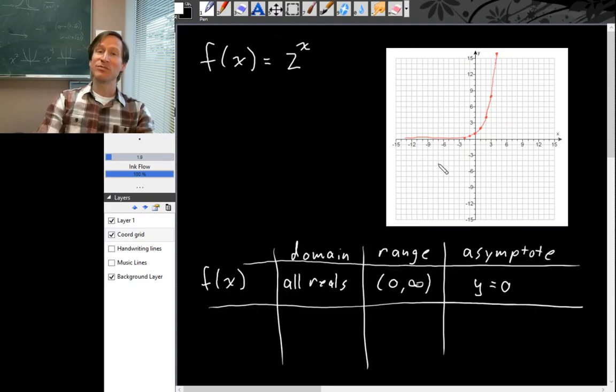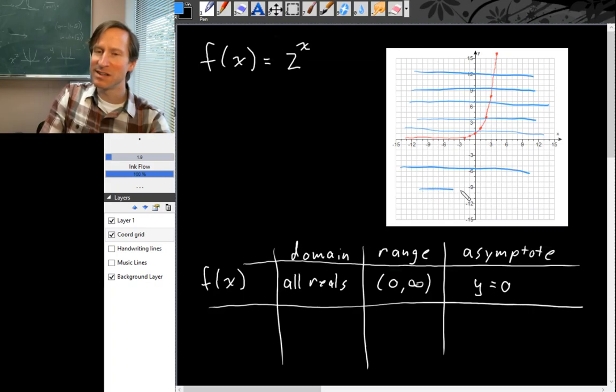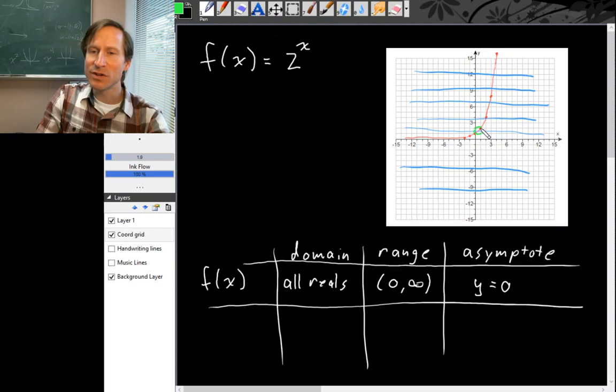All right, one final property of this function is that it's one-to-one. If you look at any horizontal line at any height, even below the x-axis, all of these horizontal lines cross the graph of this function at most once.